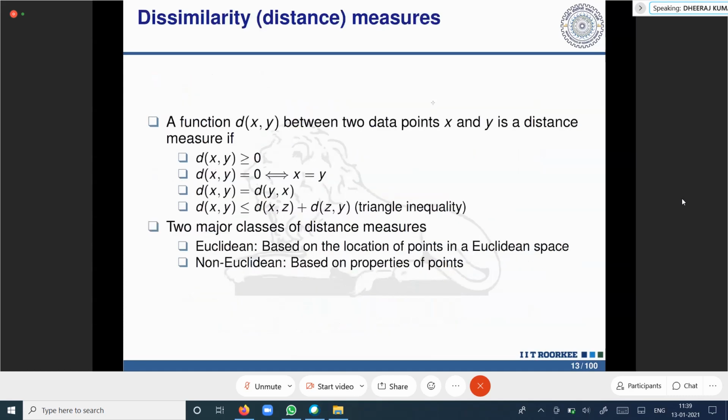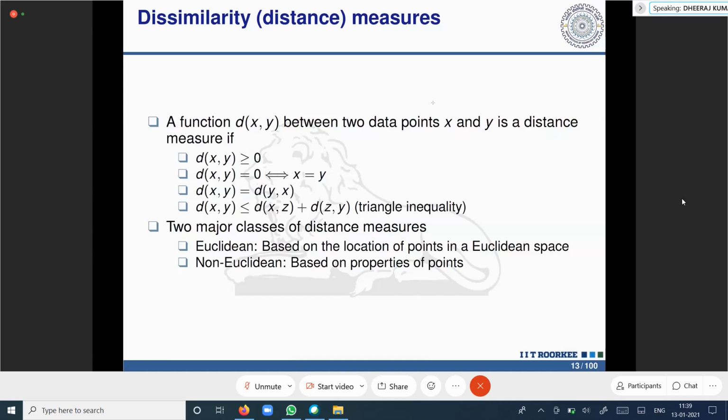Usually, a dissimilarity or distance measure is used. It is essentially a function d(x,y) between 2 data points x and y. It's called a distance measure if it satisfies the following properties. First, the distance should be a positive number. It cannot be negative. Then the distance of each point from itself should be 0.